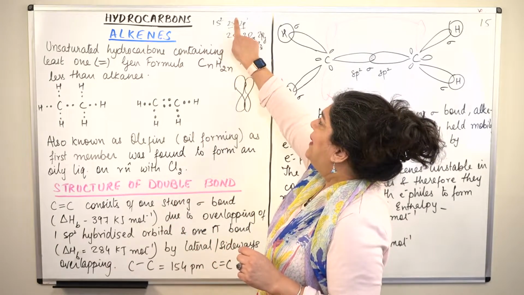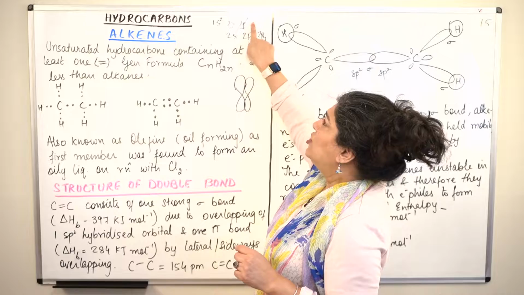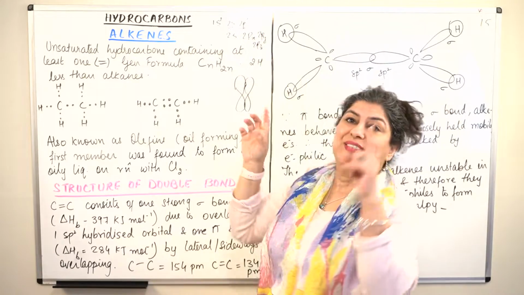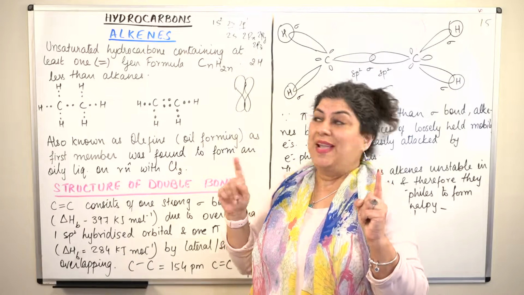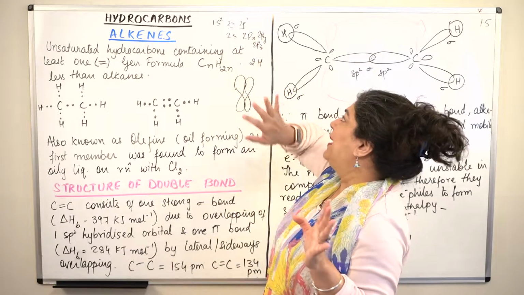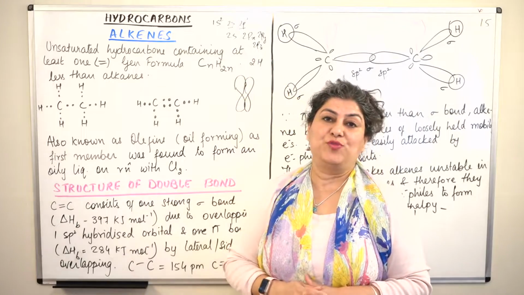Of the two electrons in s, one jumps up to the empty p orbital, and all of these now have single electrons. So 2s has one electron, 2px has one electron, 2py has one electron and 2pz has one electron.